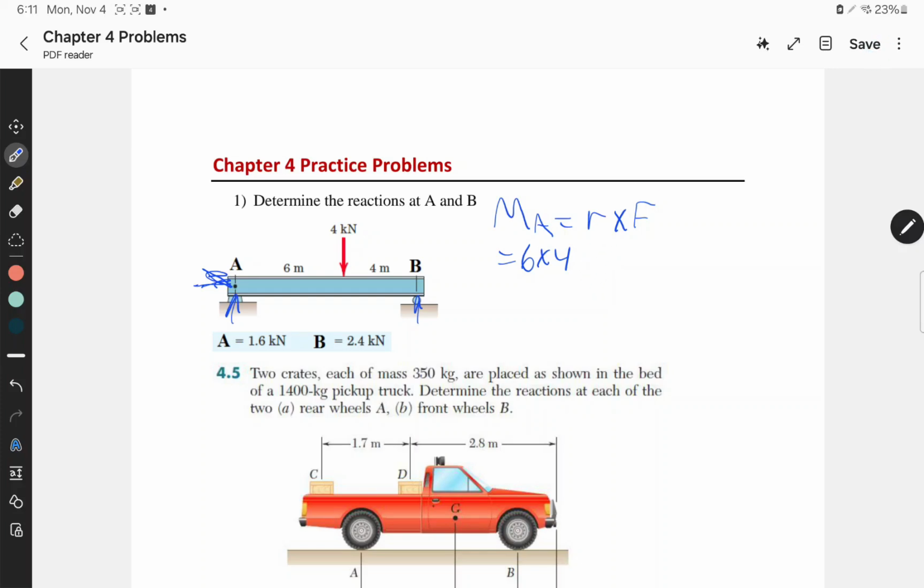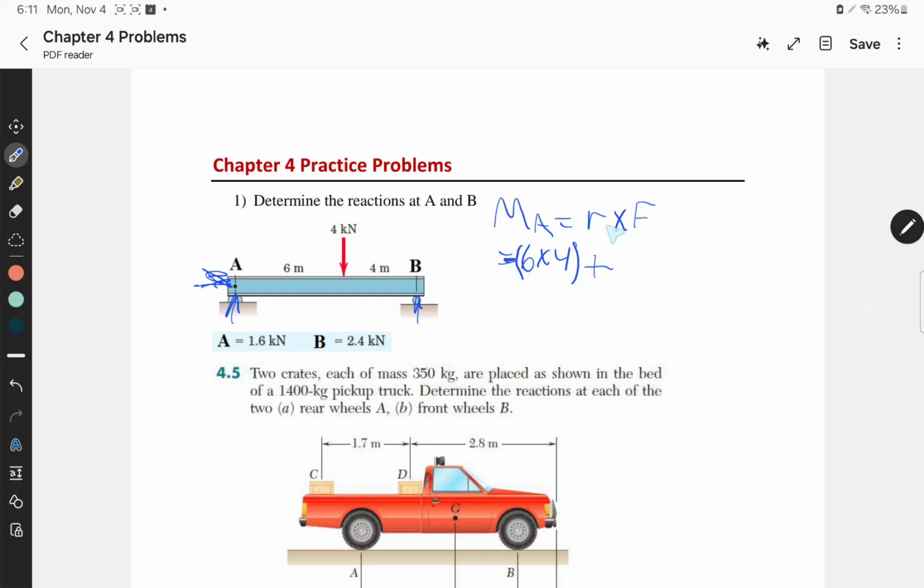And we have to determine if it's positive or negative. This is going clockwise, so this is negative, and this right here is going to be positive because it's counterclockwise.